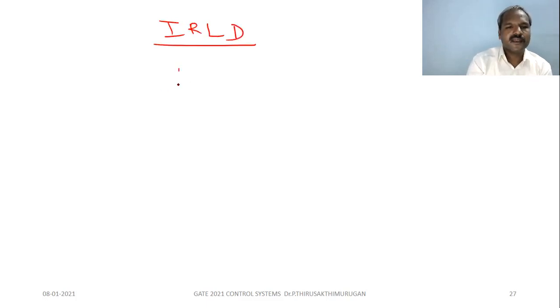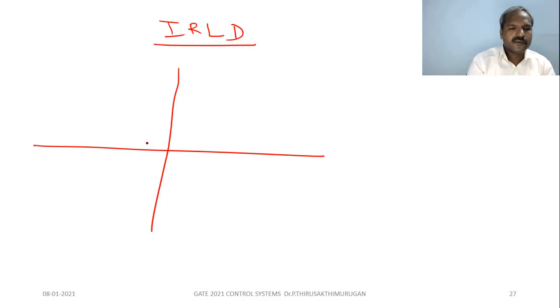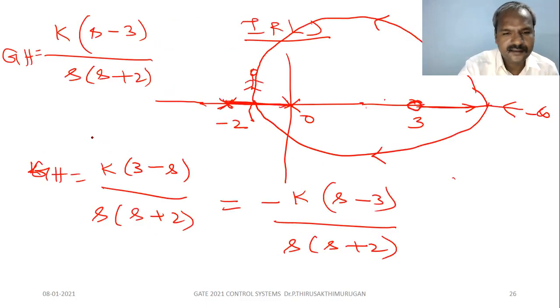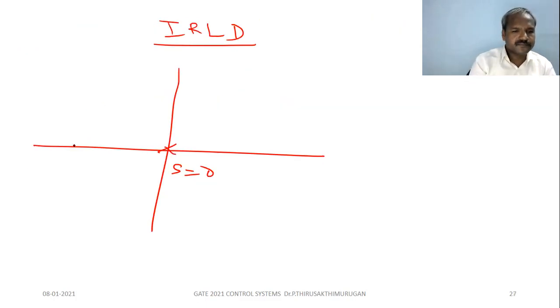Let us draw the inverse root locus diagram. One pole at s equal to 0, another at s equal to minus 2, and the zero here at 3. Where do the root locus branches occur? Between these two there is a branch. The root locus branch of this transfer function is from 0 to this pole.